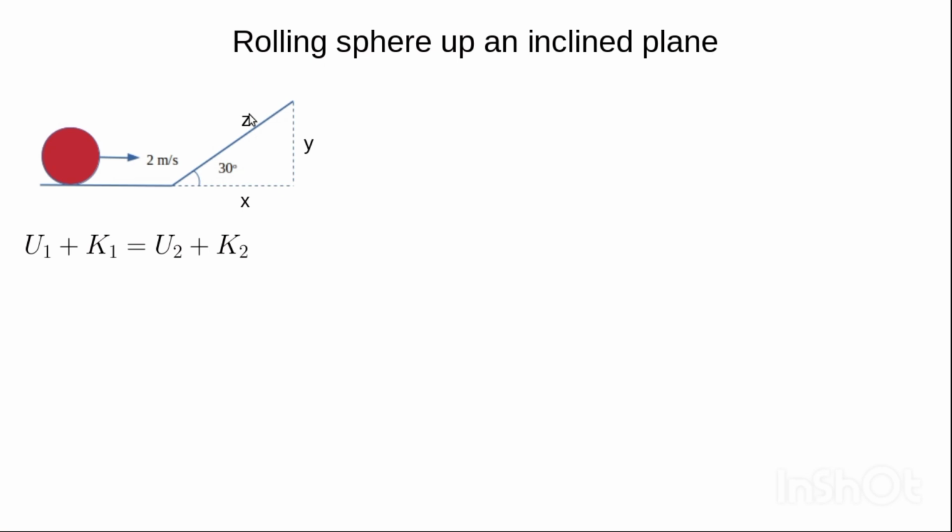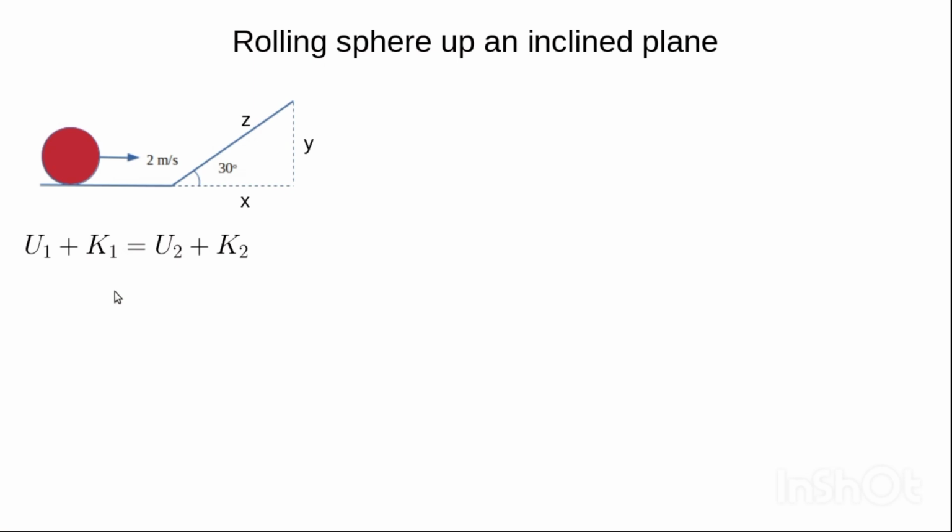The potential energy at point 2 is not 0, while the kinetic energy at the point where it stops is 0. So if that's the case, this one will go to 0 and this one will go to 0. What we are left with is the kinetic energy at point 1 equal to the potential energy at point 2.